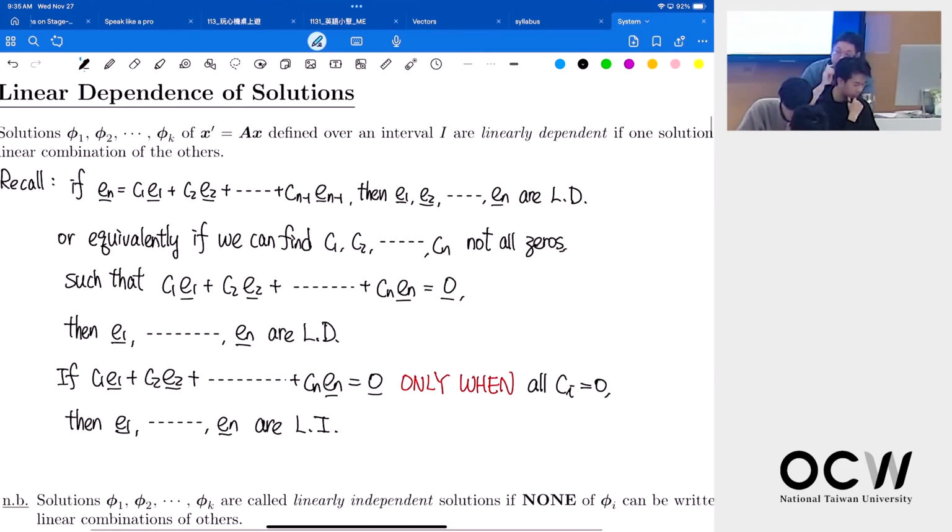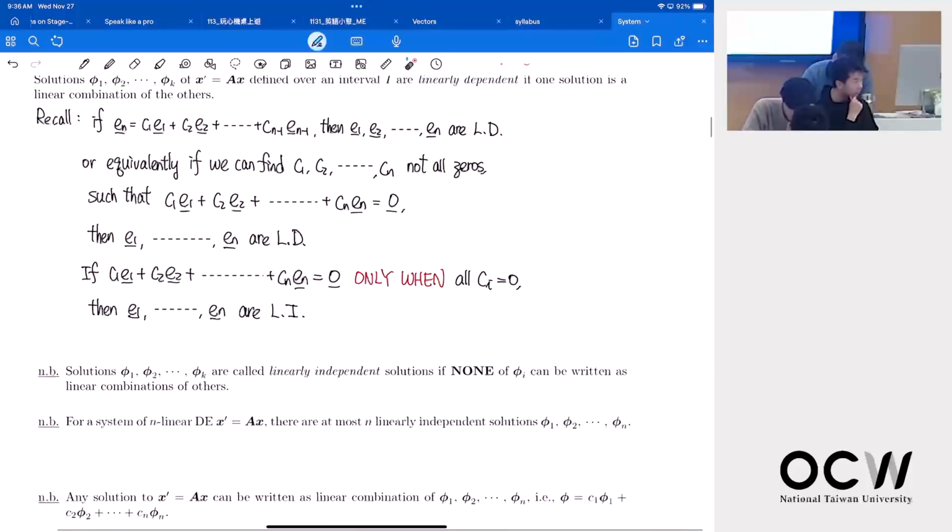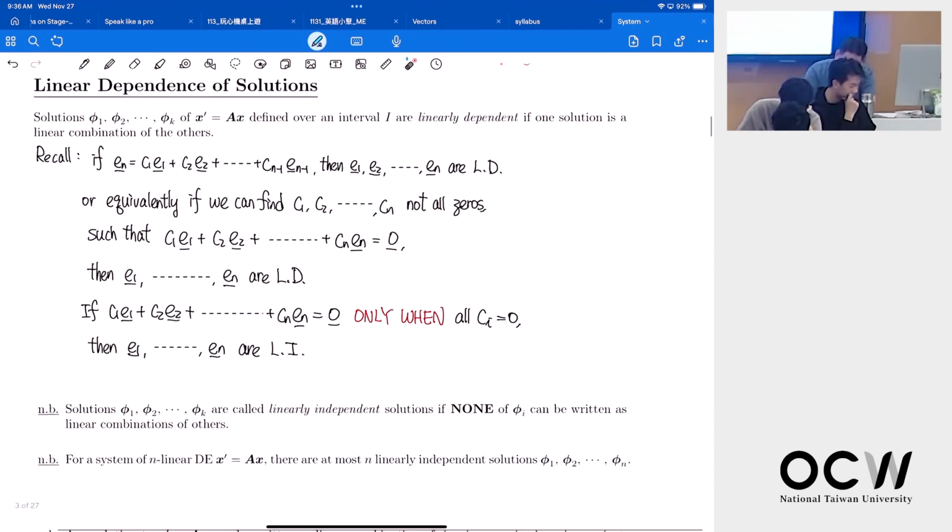All right, if you don't have any questions, then let's see some notes. Now we are back to our system of equations. For solutions phi 1 to phi k, we say they are linearly independent if any one of these solutions phi i cannot be written as a linear combination of the others.